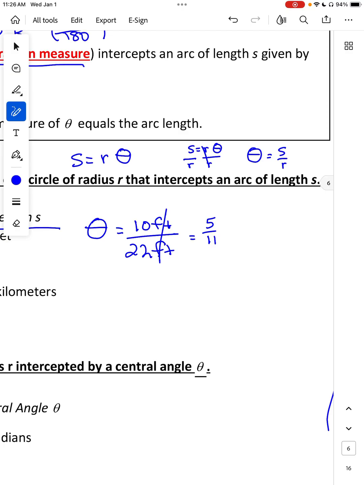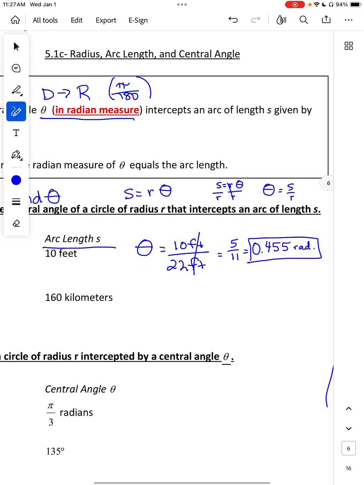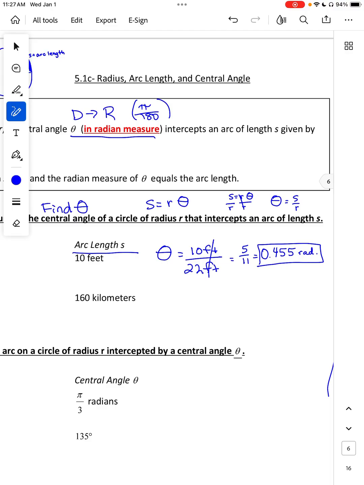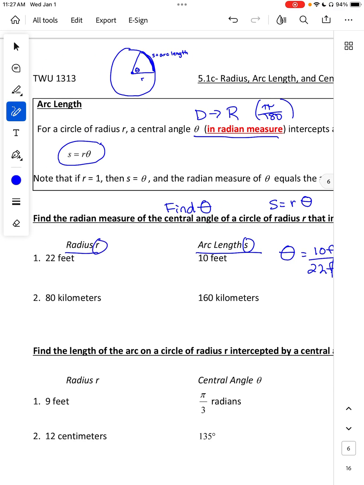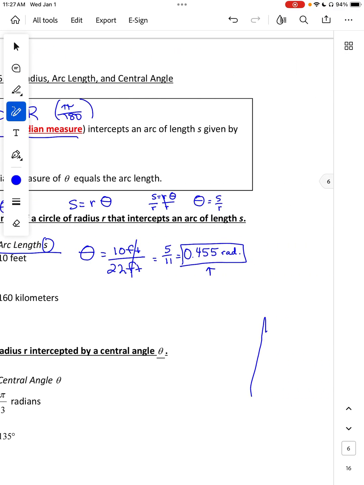So we are going to divide 5 divided by 11, which is 0.455 radians. Okay, so make sure to use the symbol or the word radians. So this is our arc length, okay? Arc length here, radius here. So this is actually our angle in radians.